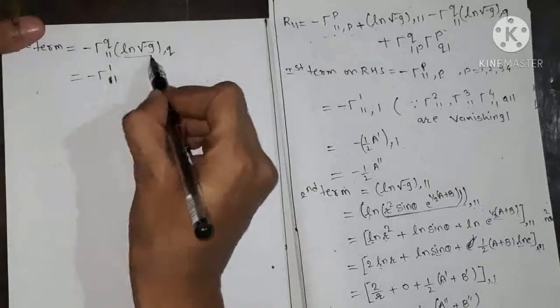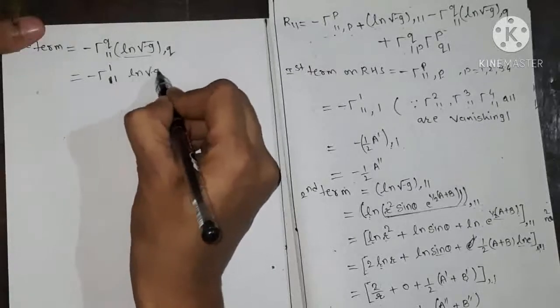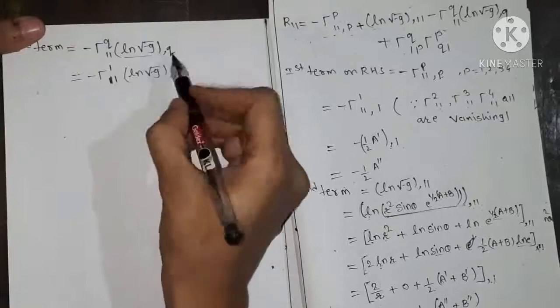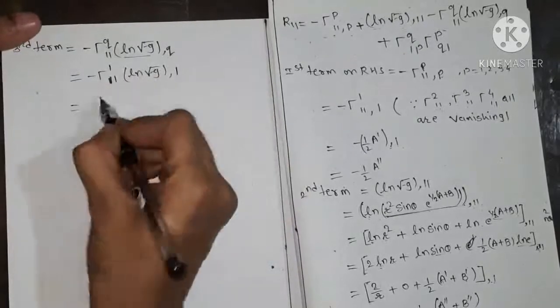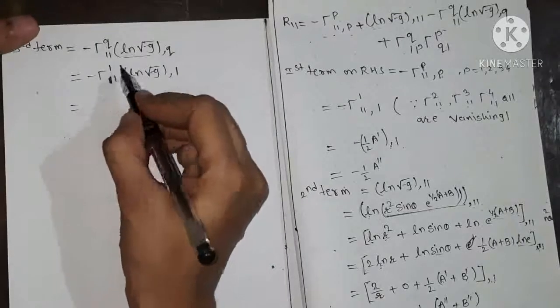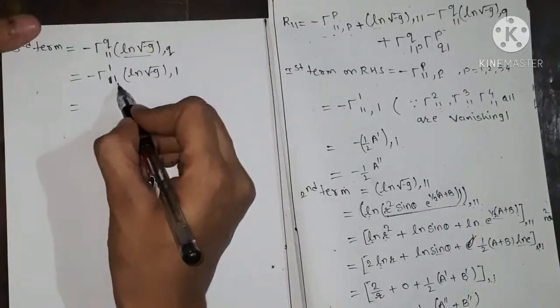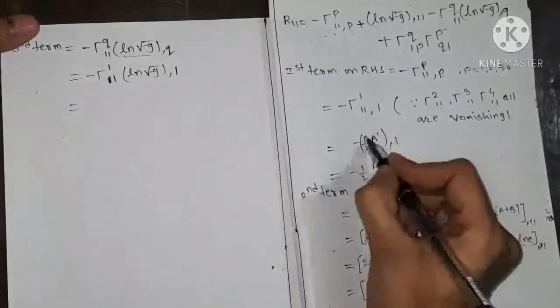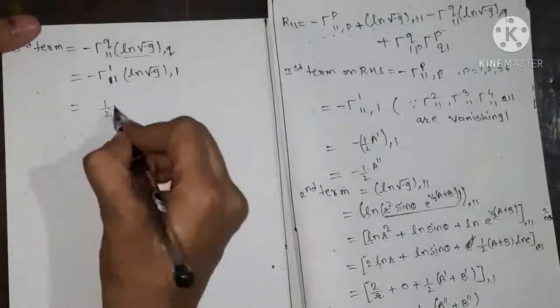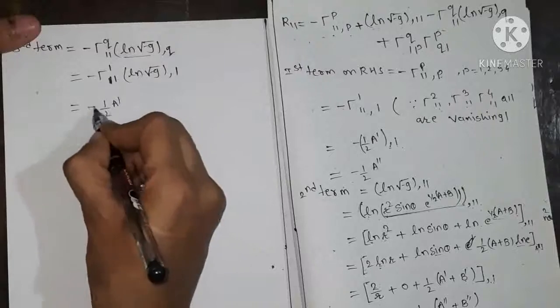And log of under root of minus g comma 1 is here, because we are taking q only equal to 1. So what is the value of gamma of 1 1 1? It is equal to 1 upon 2 a dash, as we have written.